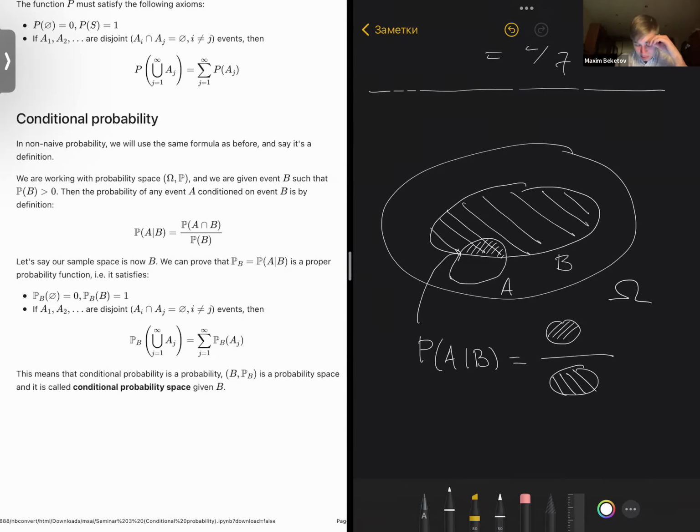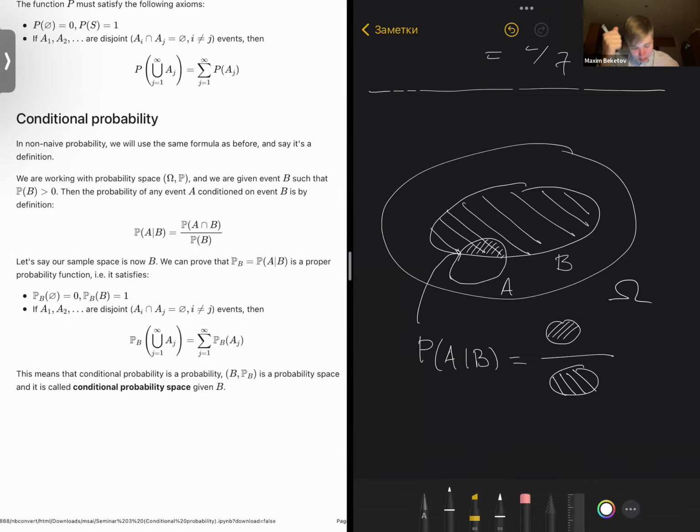And all the properties of probability hold for conditional probability. It is a number from 0 to 1, for an empty set it is 0. For the whole B, the condition becomes our sample space, kind of, so its conditional probability is 1.